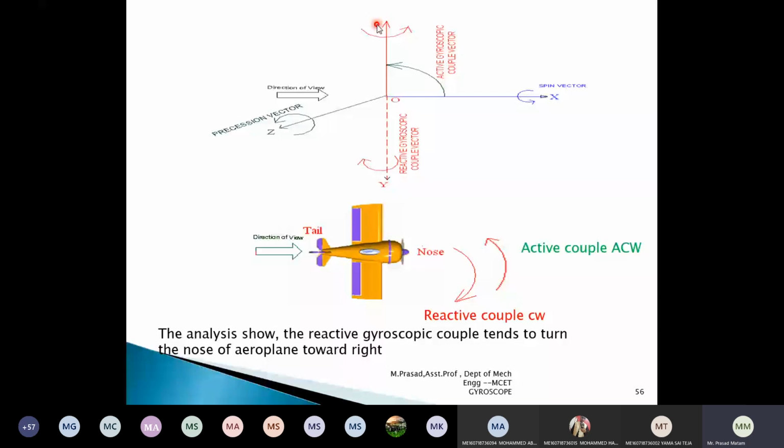This gives your reactive gyroscopic couple, with respect to my direction of view. Now tell me what is the gyroscopic effect here. You can see here, active couple rotates in anti-clockwise direction. Active couple is moving towards the left side. Reactive couple is moving towards the right side. That's why I told it is moving towards the right side.